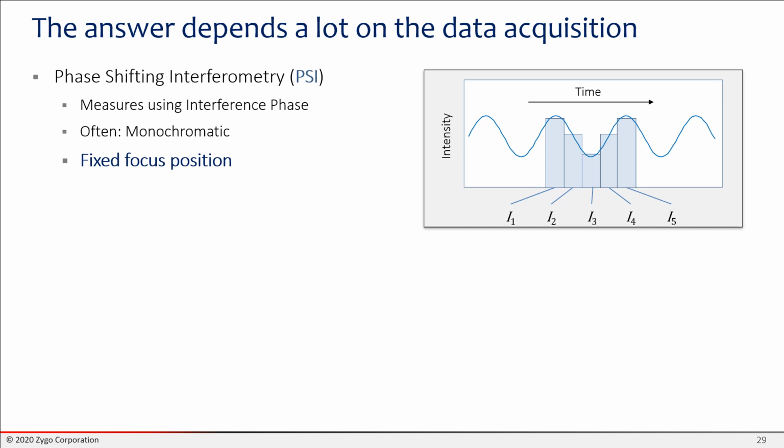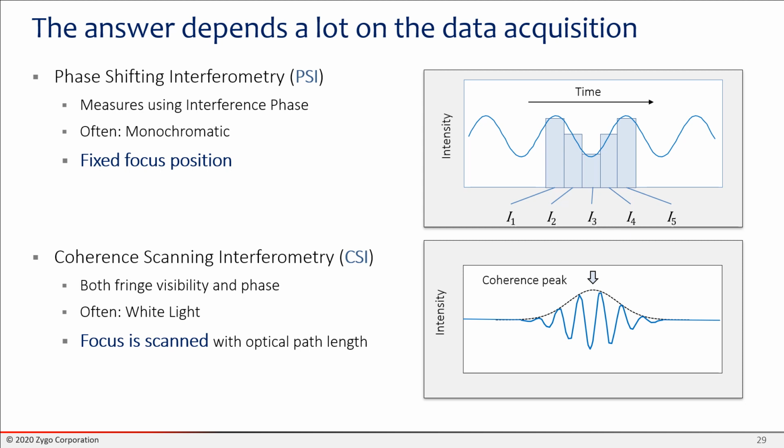It's usually a monochromatic light source or near monochromatic, and the focus position is set. On the other hand, coherent scanning interferometry, very popular in interference microscopy, the focus is scanned with the optical path length. The reason for doing this is we're going to use both fringe visibility and phase, and you often are using white light. So two very different ways of acquiring the data.